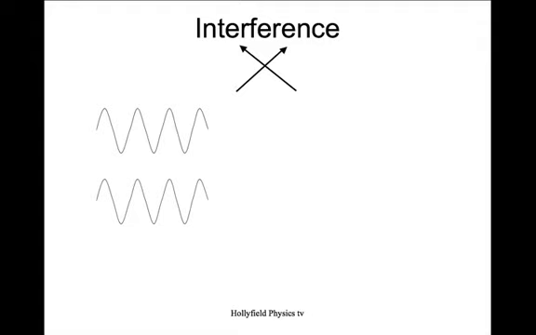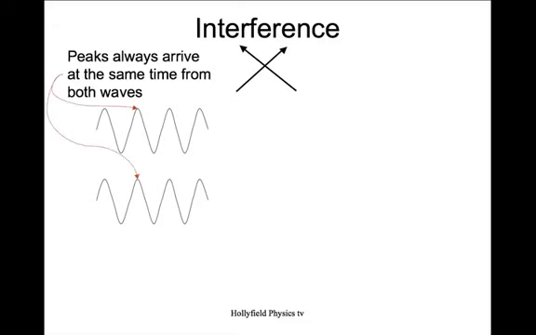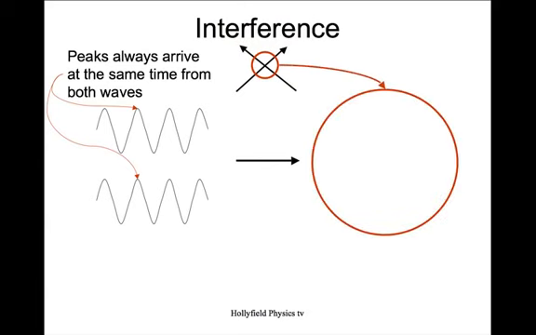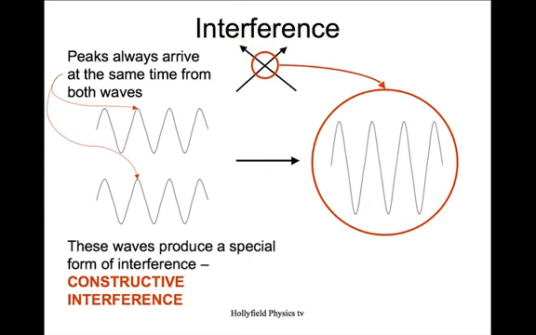This time we've got two waves, both with exactly the same amplitude, both with exactly the same frequency, and they're crossing each other completely in phase. So we're always getting peaks from each wave arriving at that crossing point at the same time, and similarly troughs from each wave arriving at the same time, and we'll end up with a bigger wave.